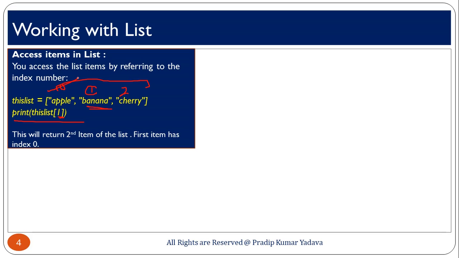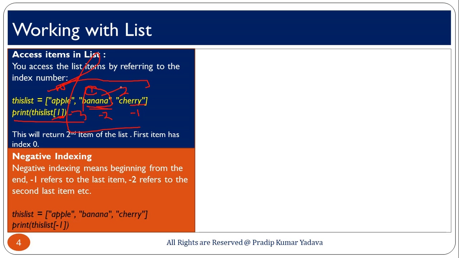If you are talking about negative indexing, negative indexing starts from the last item, that will be -1, that will be -2 and that will be -3, and it goes on. So this is an example of negative indexing. If you are talking about positive, this will be 0, 1 and 2. So here if you write 1, this will return banana, because the index of banana is 1.